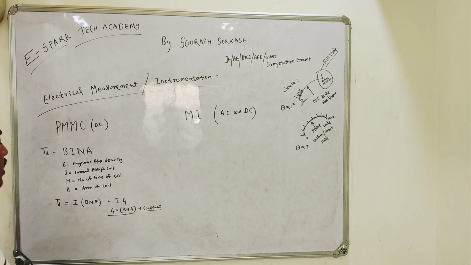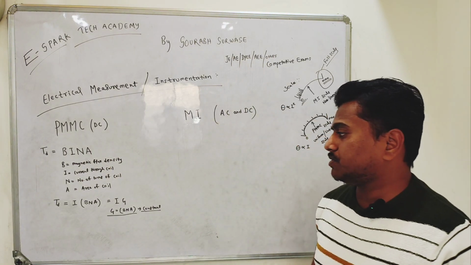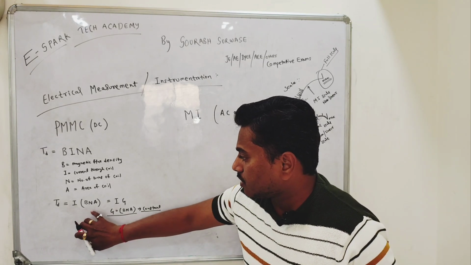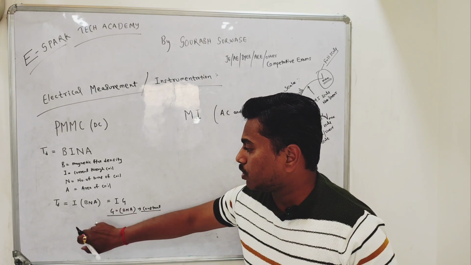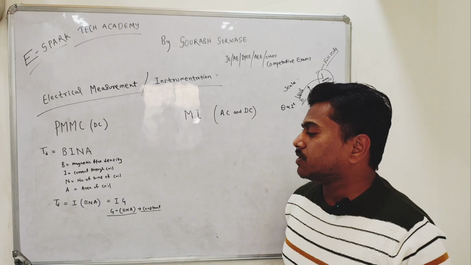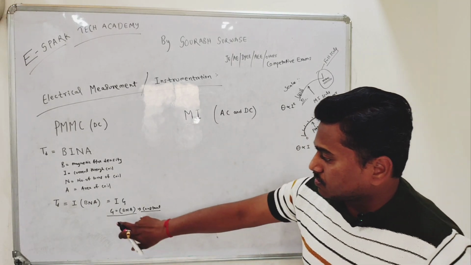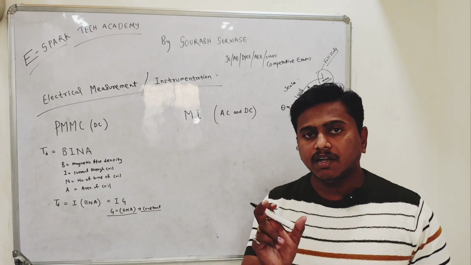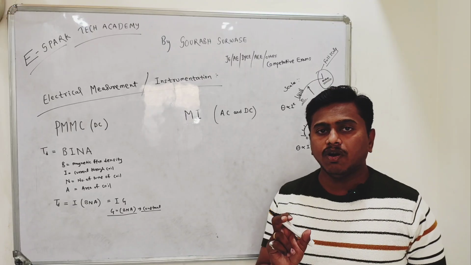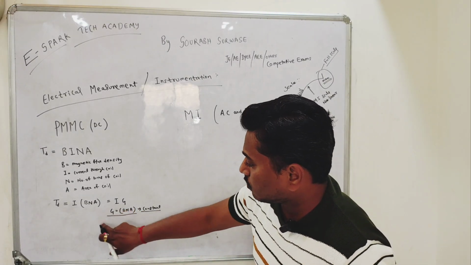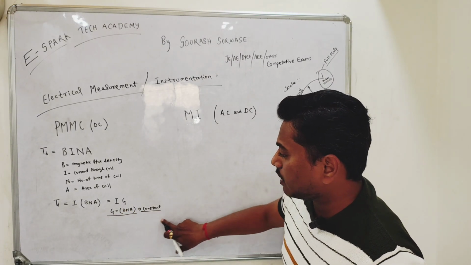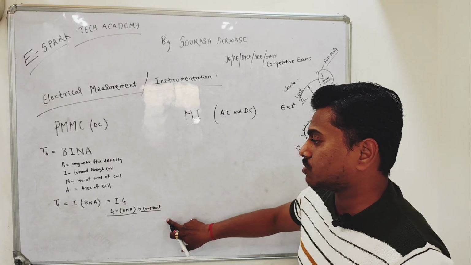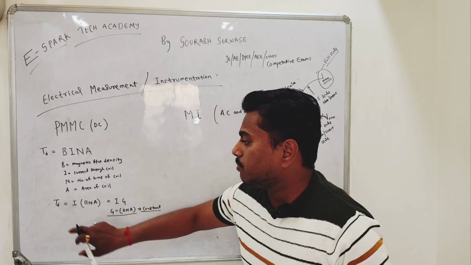Now, in moving coil, actually what happens is we are just rearranging the terms: the flux density, the number of turns, and area of coil, which are constant because they depend upon the material which we are using for the coil. That's why all this is constant. It is a non-variable term, hence it is termed as constant. Only the TD will be proportional to I.